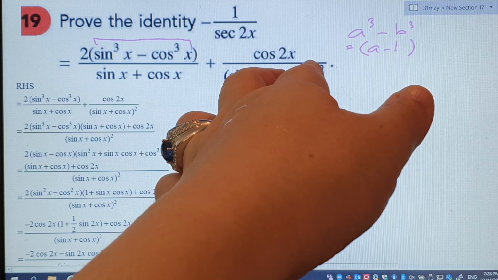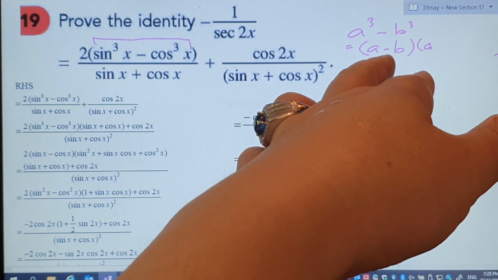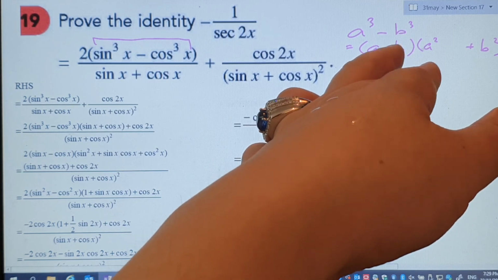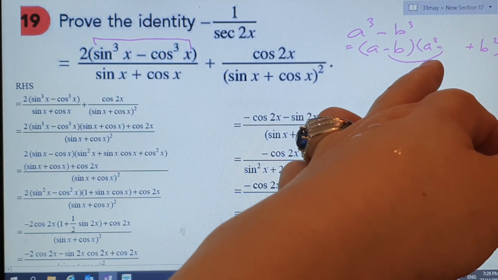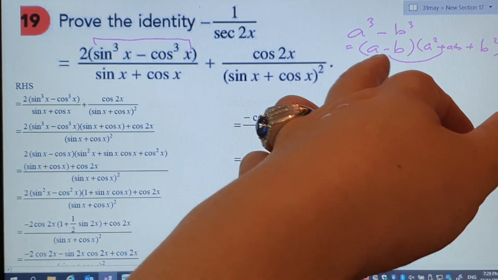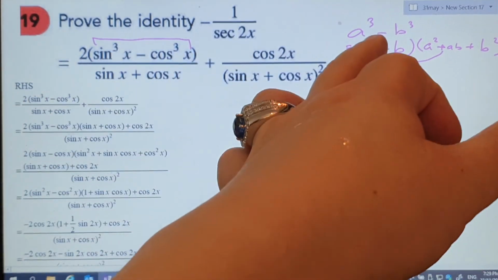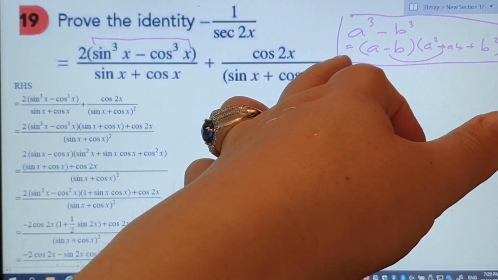The answer equals to this one follow, then square this, then in between, if this is plus, then this is minus. If this is minus, then this is plus. Okay, so this part here, later you can actually use this difference of cubes. Okay, so that's a good revision.